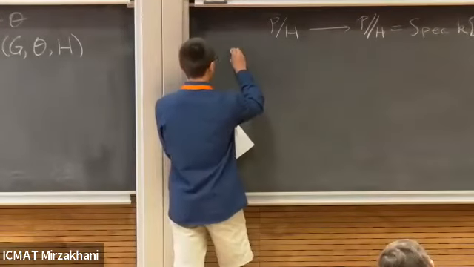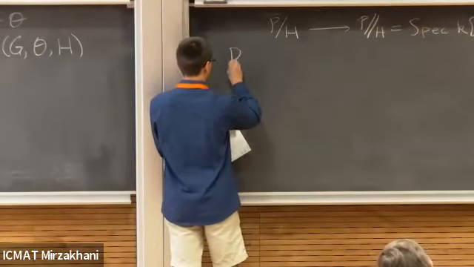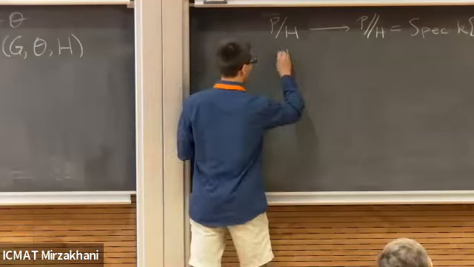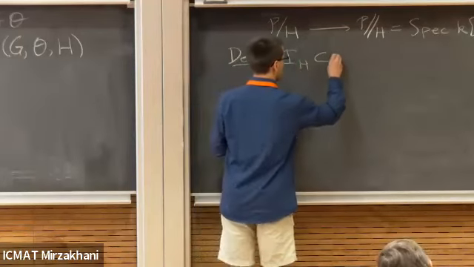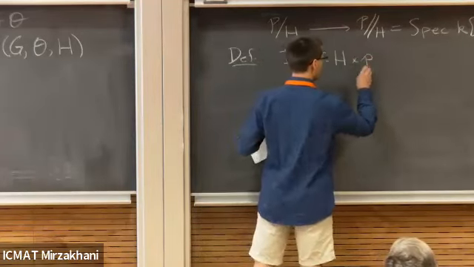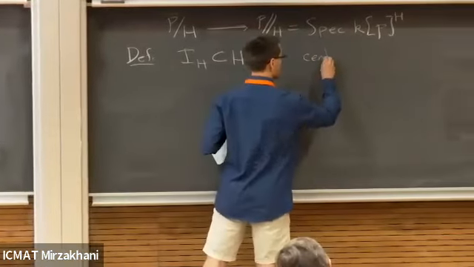So first, let me just recall. I'm going to take I_H inside of H cross P to be my centralizer group scheme.